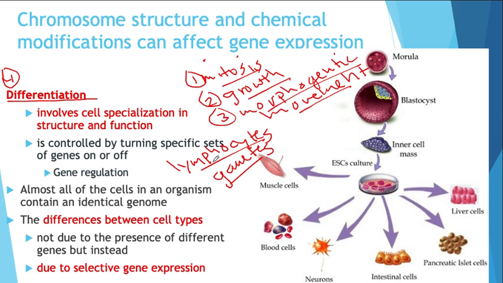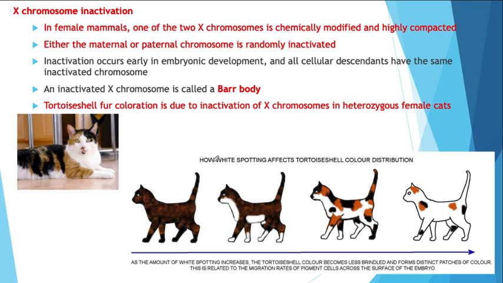Okay, so one of the things we've talked about already is this idea of X inactivation, right? In females, there are two X chromosomes, right? But in order to produce the same gene dosage that you have in the male, here's the female, and here's the male, we want to have one active X per cell.